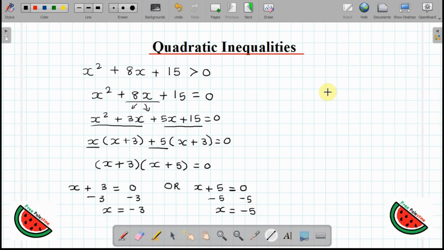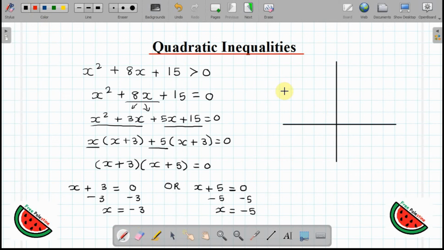At this point, in order to picture the inequality, what I'm going to do is sketch a quadratic graph for this particular situation here, for the equation and the inequality. Okay, I can see that both my roots or solutions are on this side because x is minus 3 and x is equal to minus 5.